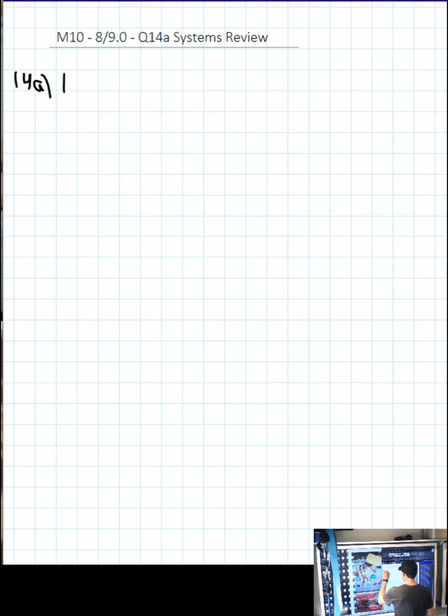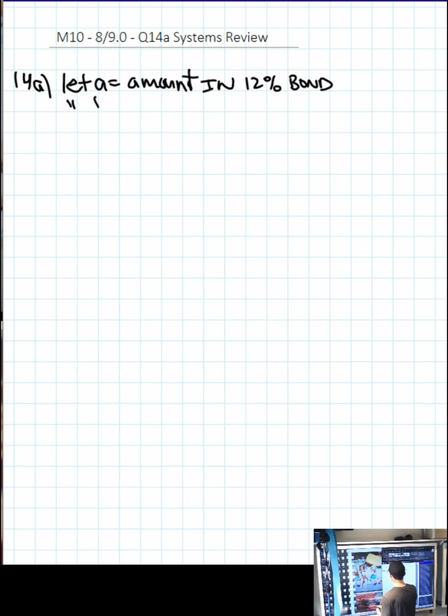Okay, so let's let A equal the amount in the 12% bond, and let's let B equal the amount in the 8% bond.